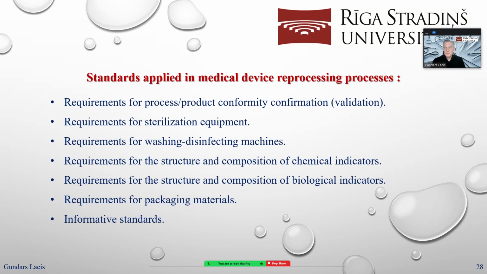They cover requirements for validation processes, requirements for sterilization equipment or units, or requirements for washing disinfection machines, the structure and composition of chemical indicators, how to use them and which one, the same for biological indicators, requirements for packaging materials or sterile barriers, and of course several informative standards.